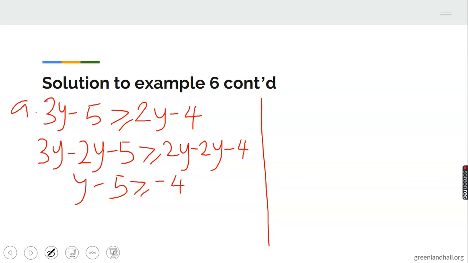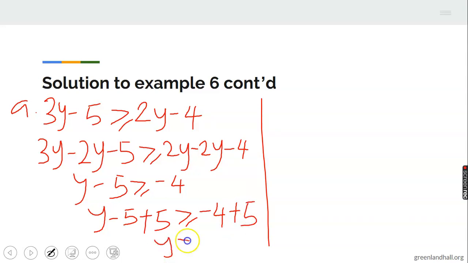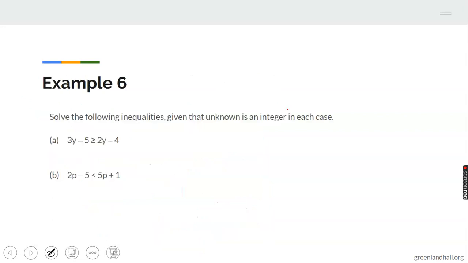So I don't need minus 5 here. So add 5 to both sides. That will be minus 5 plus 5 greater than or equal to minus 4 plus 5. And this will be y is greater than or equal to 1. That is correct.